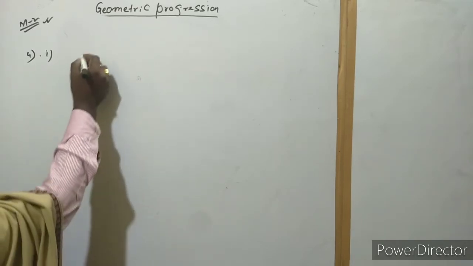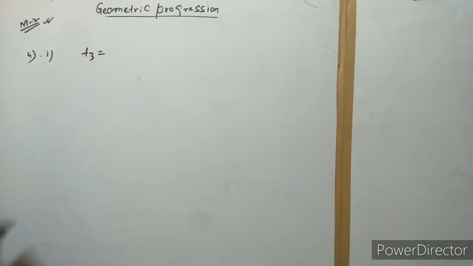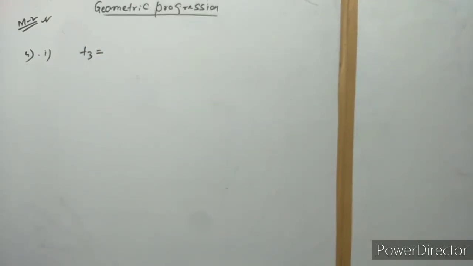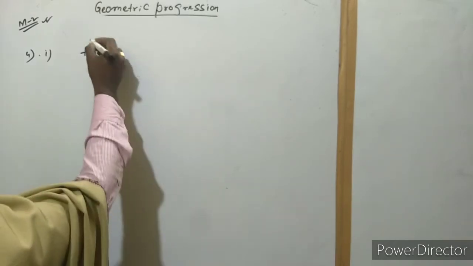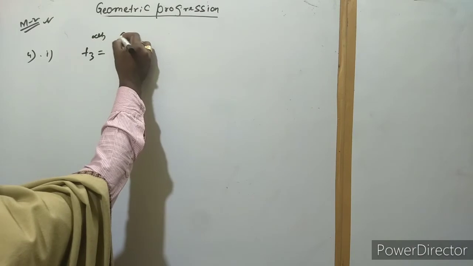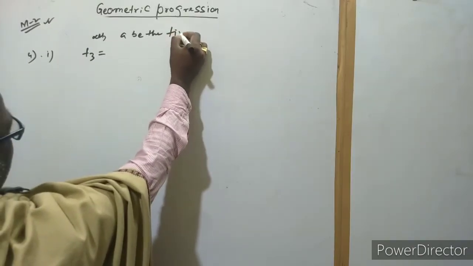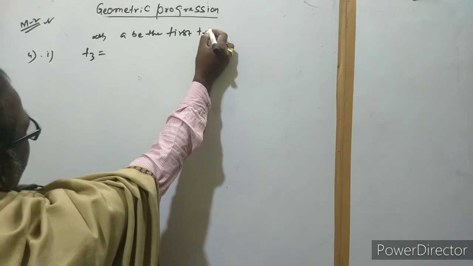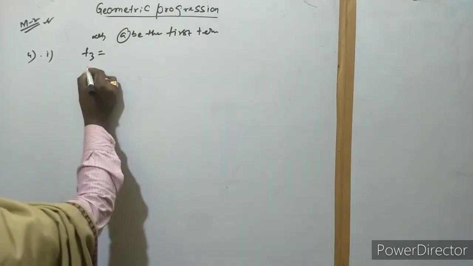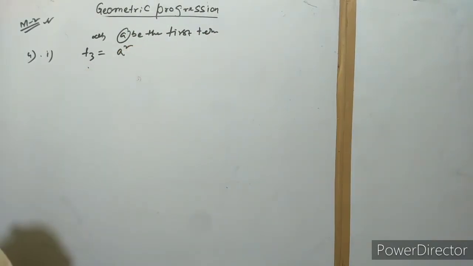Third term T3 of a GP is the square of the first term. Let A be the first term. So the third term is equal to the square of the first term.